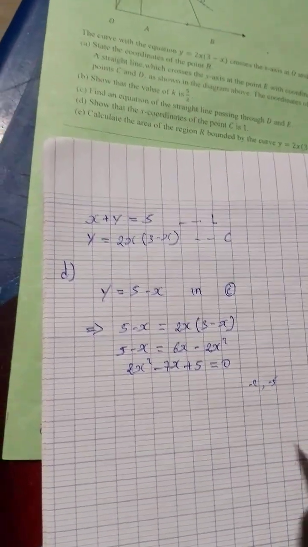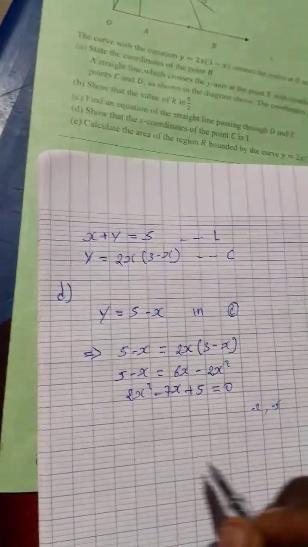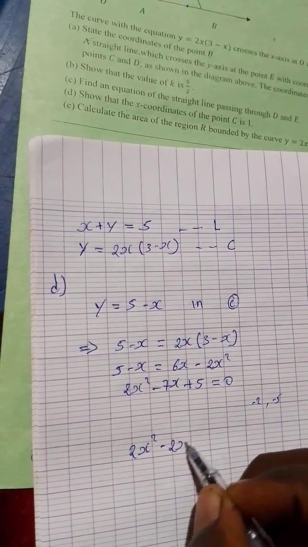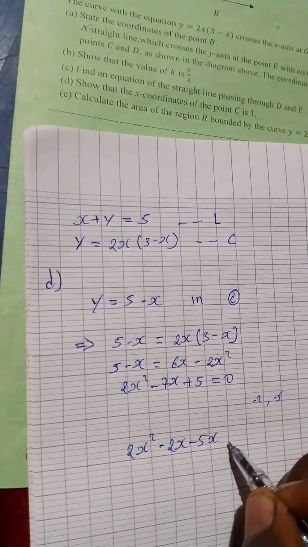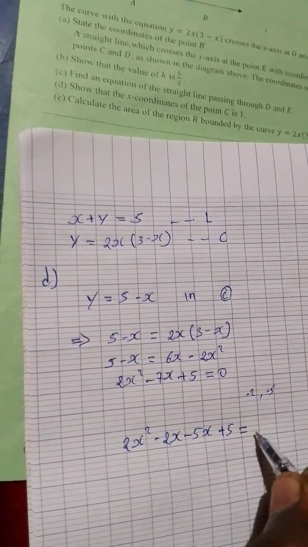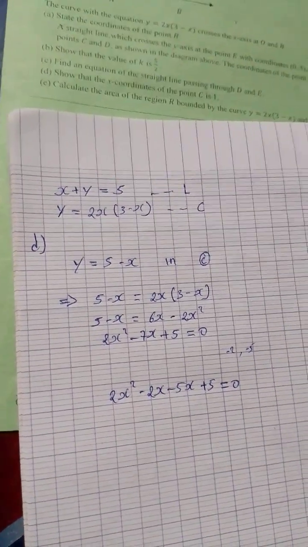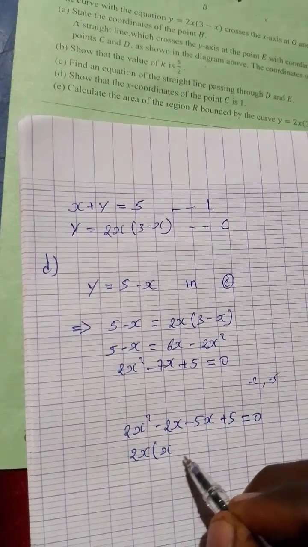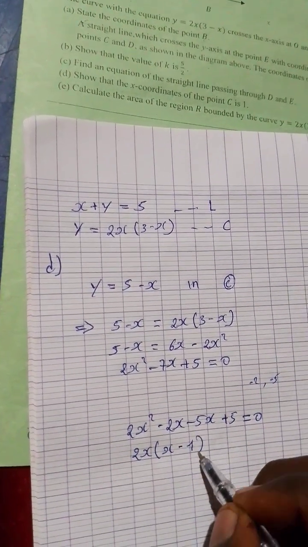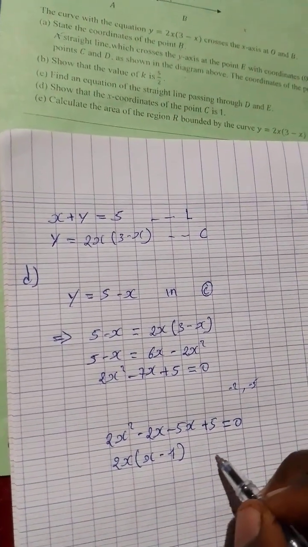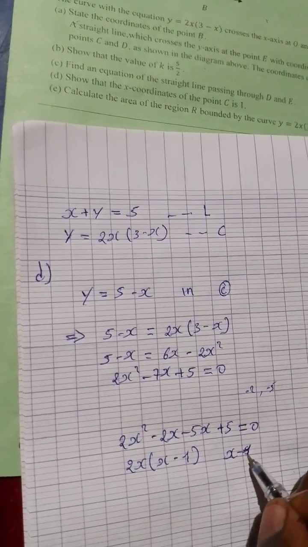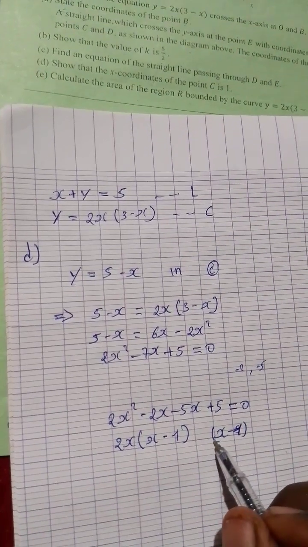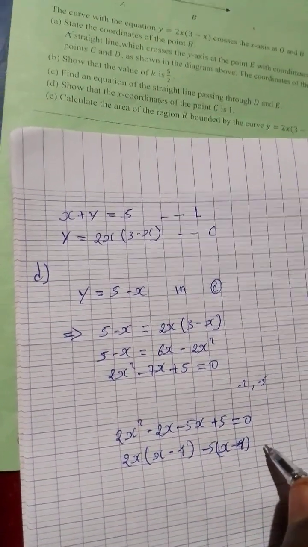Okay, perfect. So this equation becomes 2x squared minus 2x minus 5x plus 5 equals 0. From there we can factor out 2x here. We have 2x into x minus 1, and here we must also have x minus 1. Then we attach the factor, which is the coefficient, negative 5, equals 0.